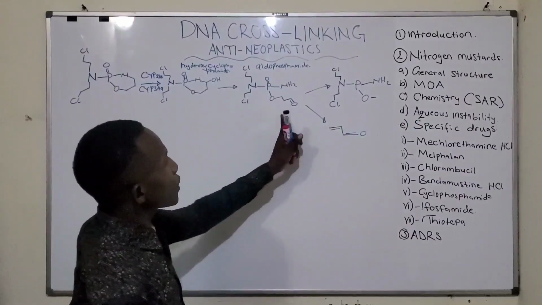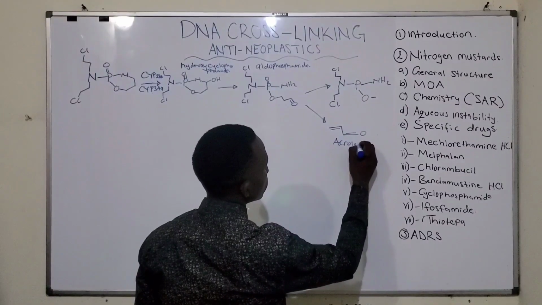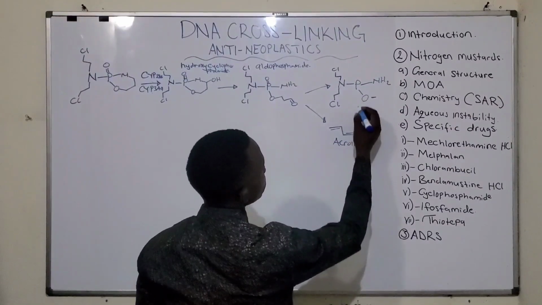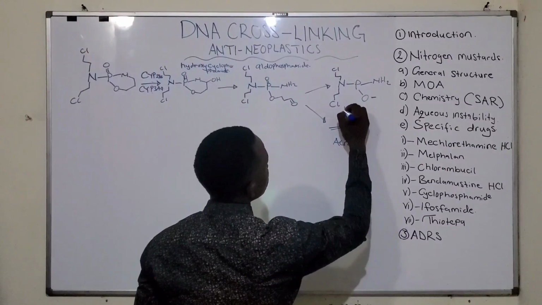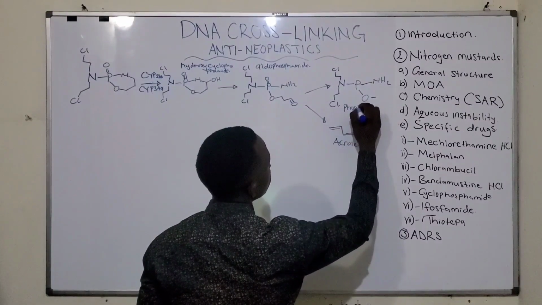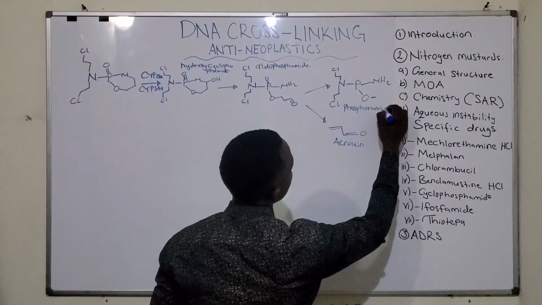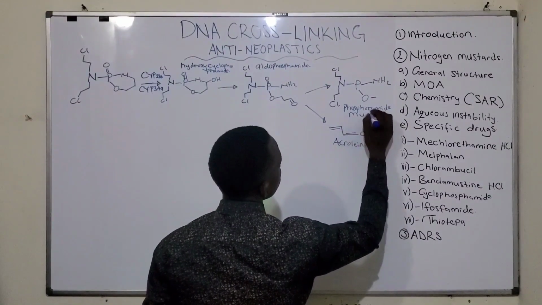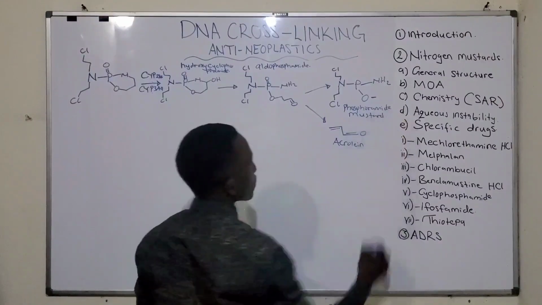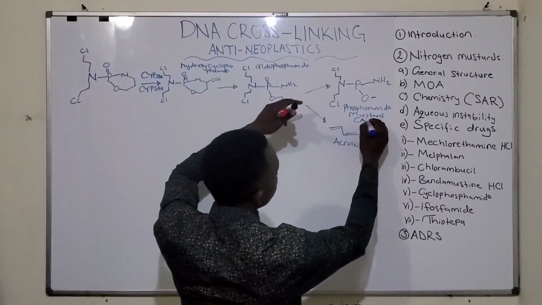And this aldophosphamide gives us the acrolein and phosphoramide mustard. Now this one is the active drug, which will alkylate the DNA.